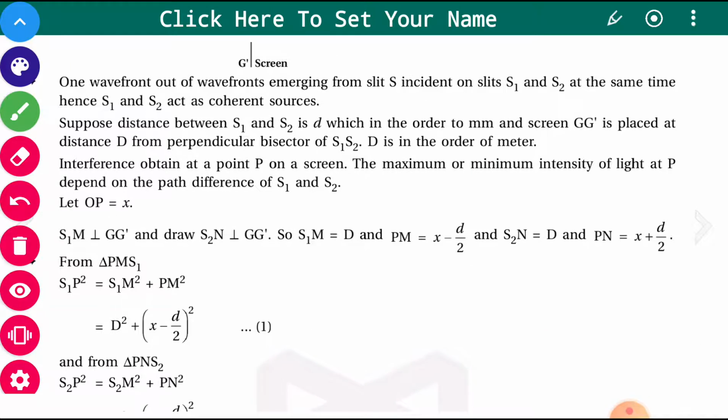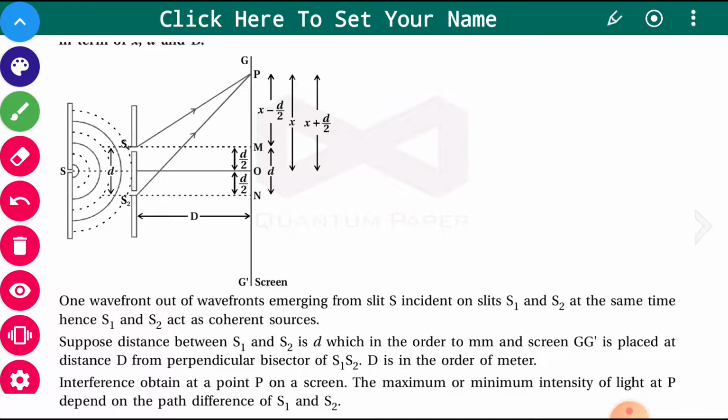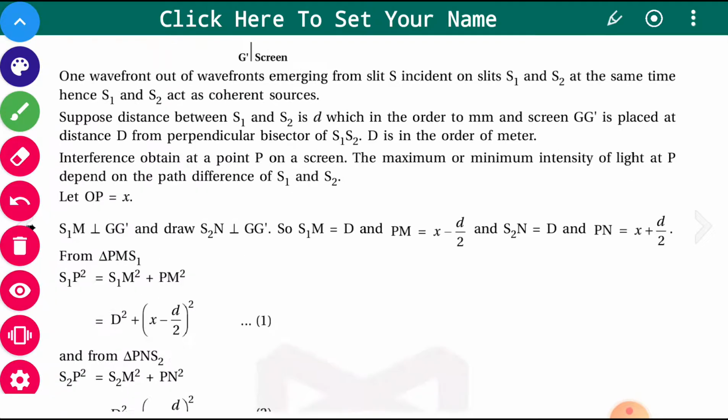Now from triangle PMS1, we have to take the triangle PMS1. We can say S1P square is equal to PM square plus S1M square according to Pythagoras theorem.